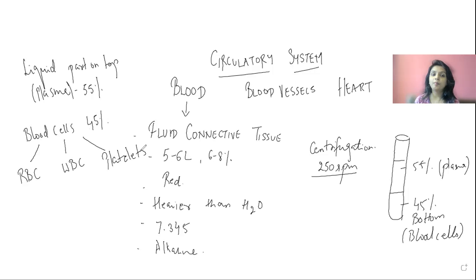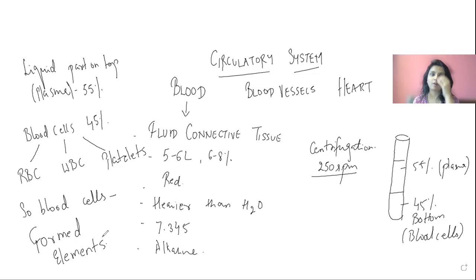Among the plasma, which is the fluid content, and the blood cells, the ones which are formed regularly are called what? Formed elements. Blood cells are called the formed elements because they are the ones which are formed regularly.